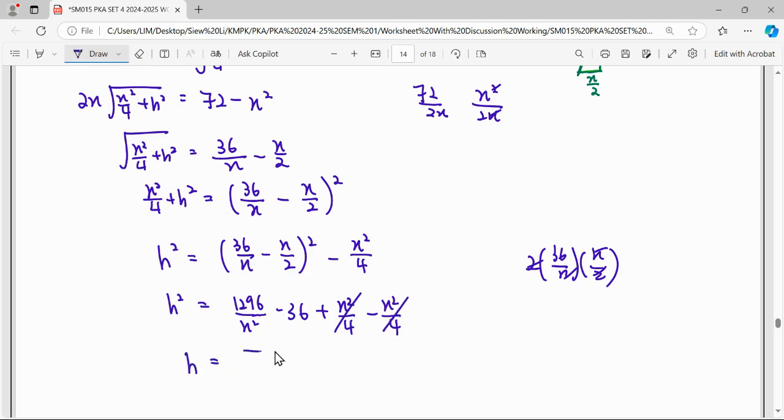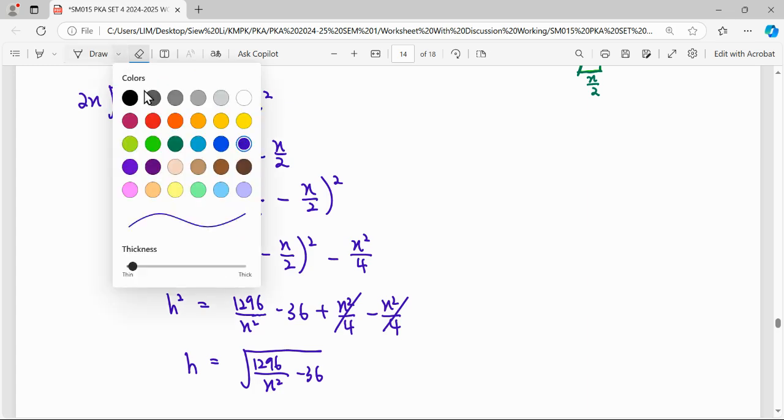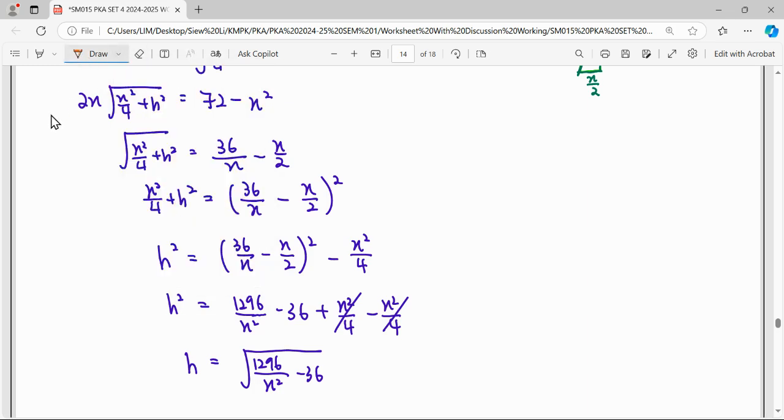So h is the square root of 1296 over x squared minus 36. Okay, finally you get your h. Back to the main business there, find the volume. What don't you understand? Understand or not understand?